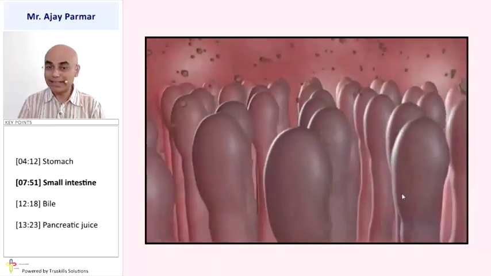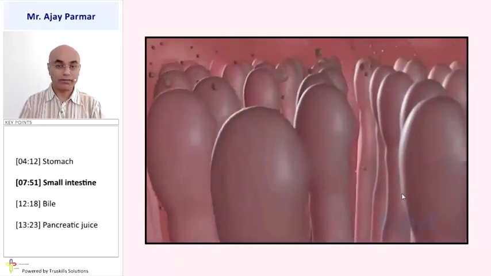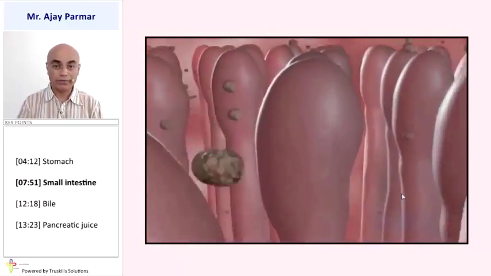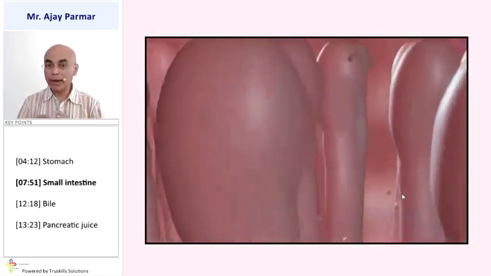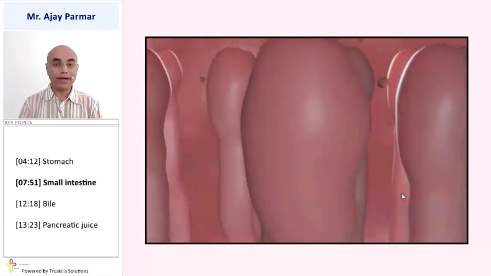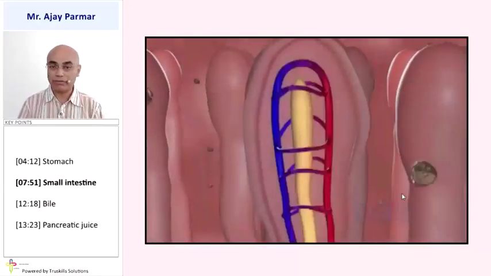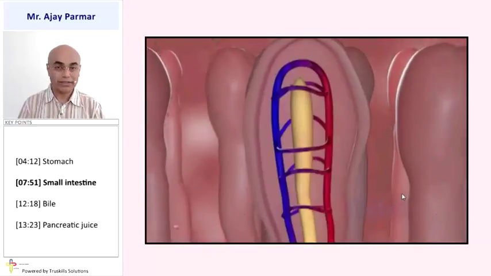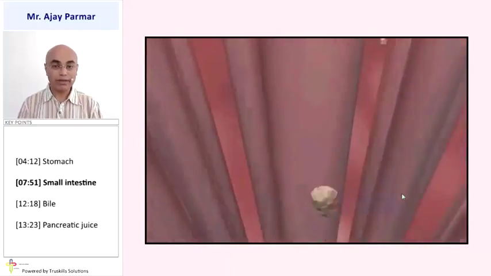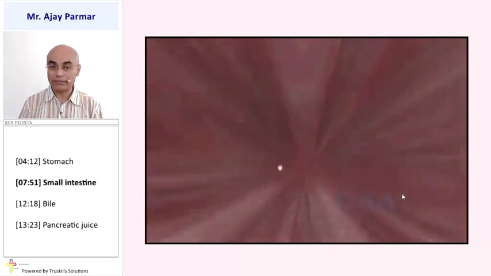As you can see in this video downloaded from YouTube, these are the structures of the villi. The digested food particles will come in contact with the villi. Villi are richly supplied by blood vessels, that is, small blood capillaries are there inside the villi.